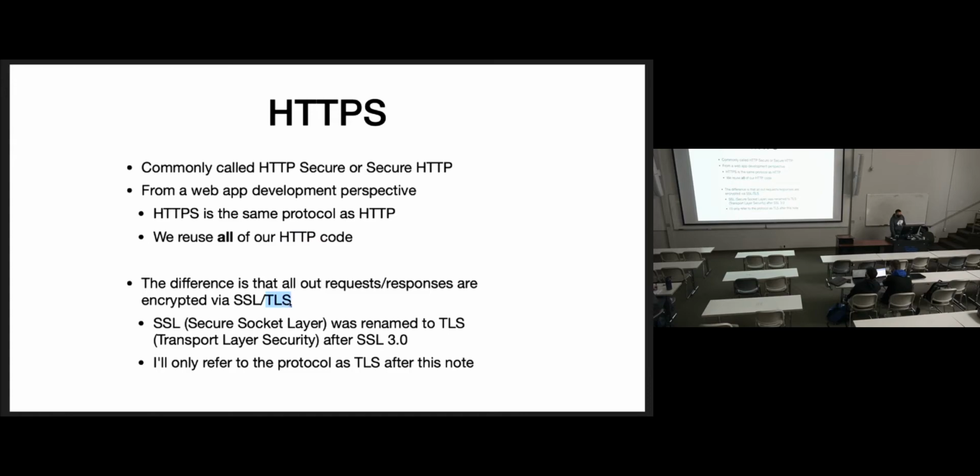So TLS is going to sit in between the TCP socket and our HTTP server, and it's going to encrypt all the communication. After it leaves the world of our app that speaks HTTP, messages go through this TLS layer, get encrypted, and then go to the TCP socket.